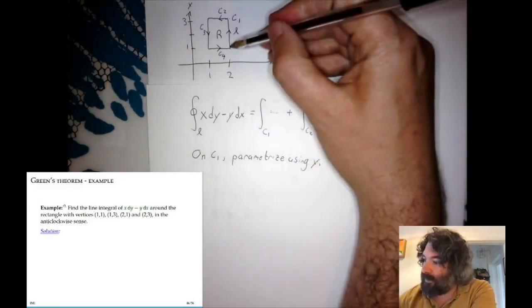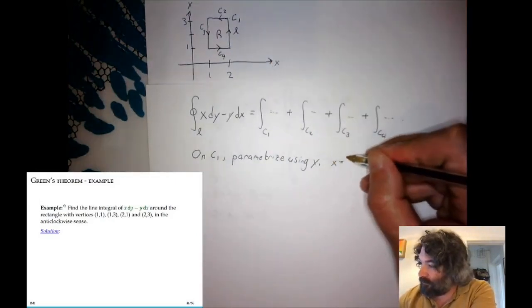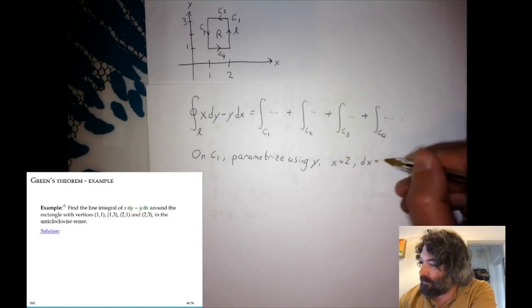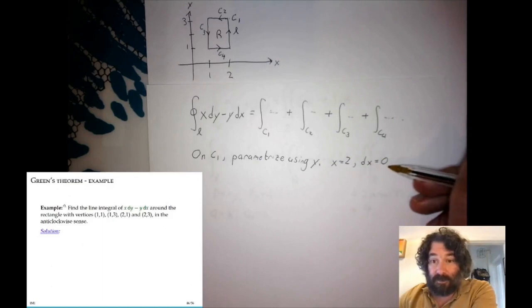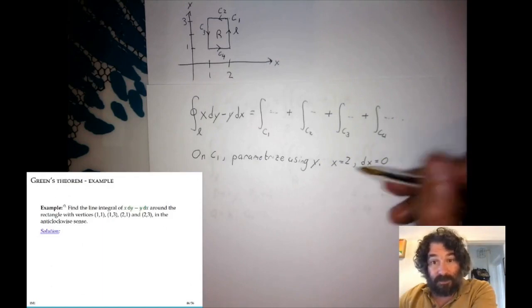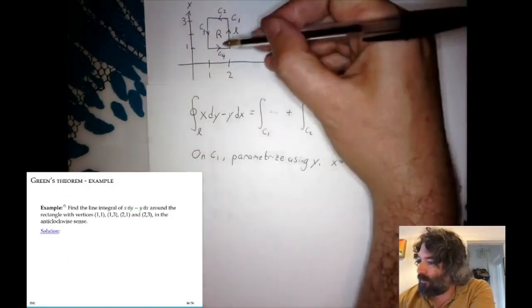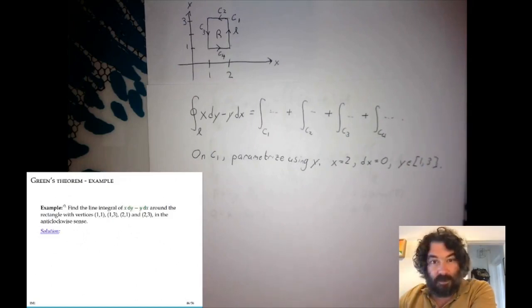And we have that on this segment, x equals 2, and so dx is equal to 0. Right? dx would be dx/dy times dy, but dx/dy is 0. And y goes from 1 to 3 in this segment.